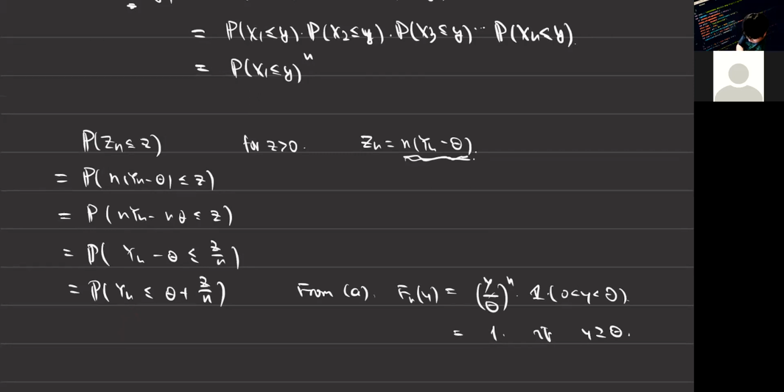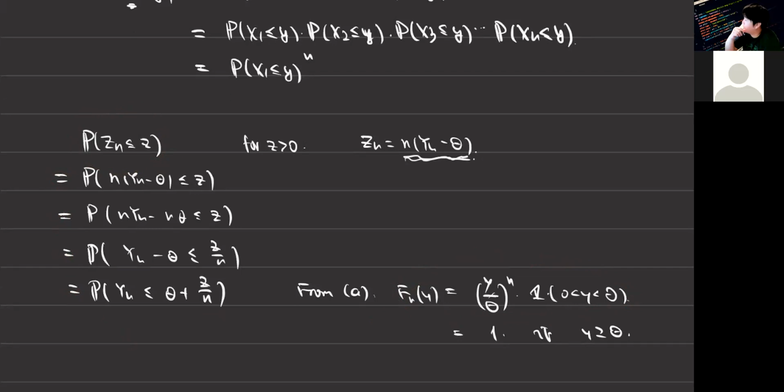Now this is asking for essentially the CDF of this guy. Well, I have a CDF, so I can just plug it in. I think they're asking to find the CDF of Zn. It is. But doesn't this come in terms of y then?